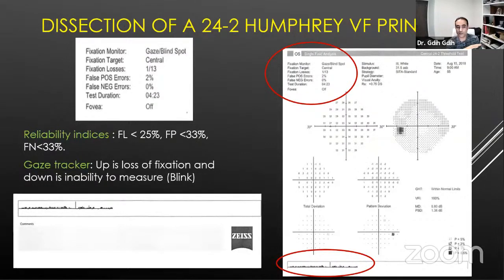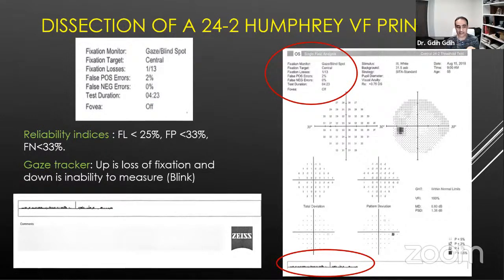We also don't want more than 33% false positives, which is when the patient keeps clicking, a positive response that is false, or false negatives, when the patient does not respond when there is an actual stimulus. And then we also have a gaze tracker.